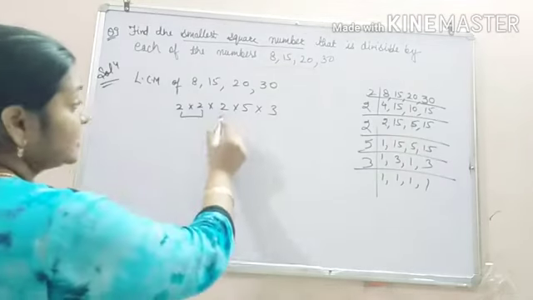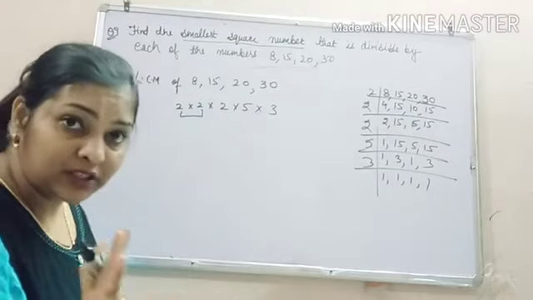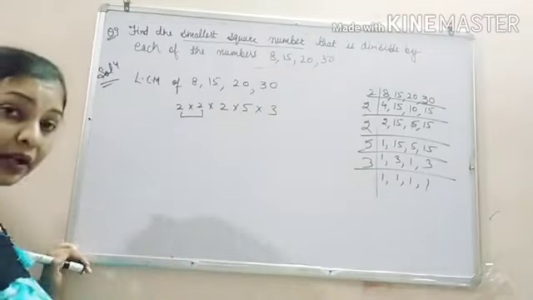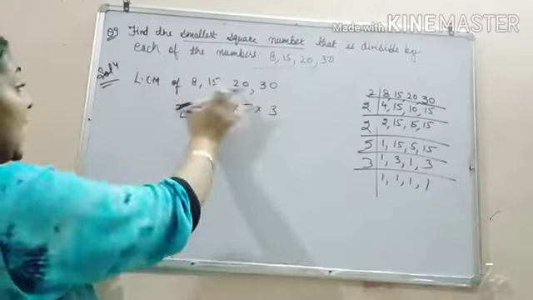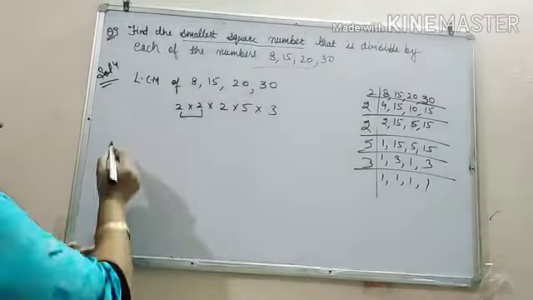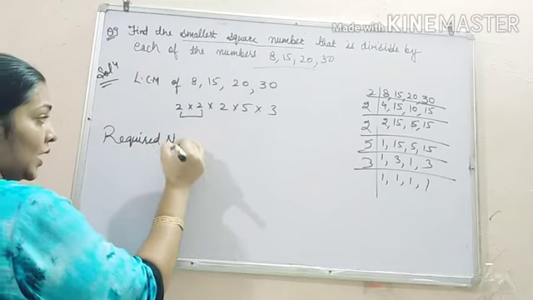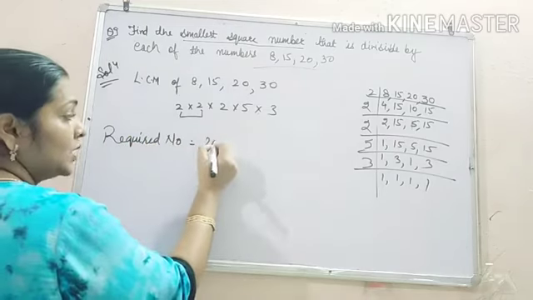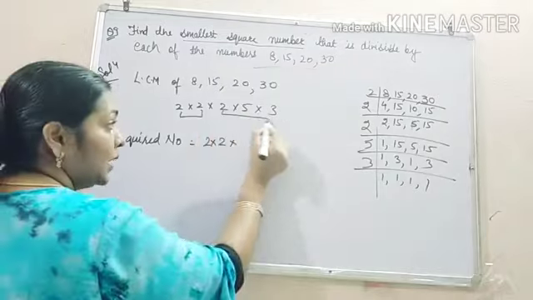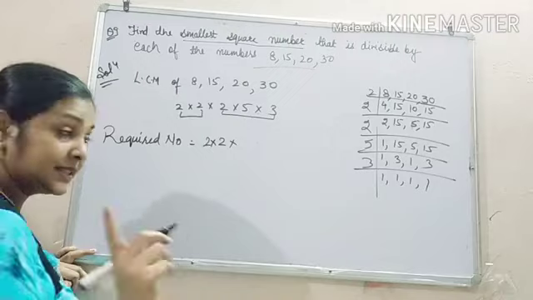Rest of the factors are idle. So it can't be a perfect square. But we need smallest square number. That means we have to make this number a perfect square. So our required number will be equal to, what we have to do? Just multiply the idle factors by the same number.